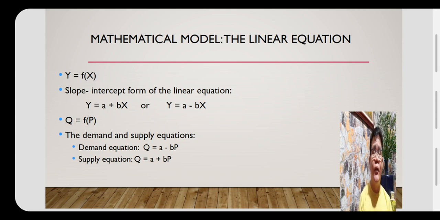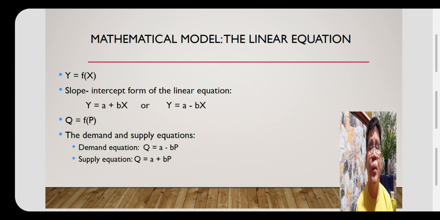Now, what about if the slope has an associated sign of positive? When the sign of slope is positive, that indicates a kind of relationship which is direct. So, y and x variables are directly related.